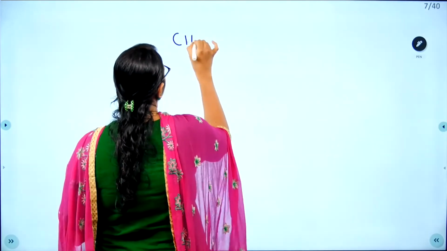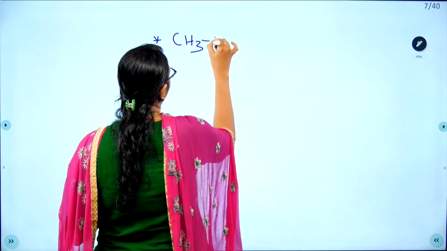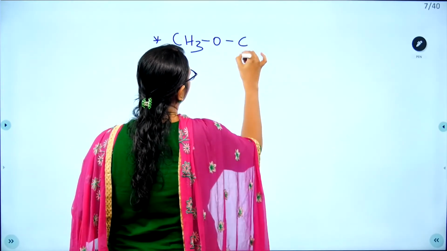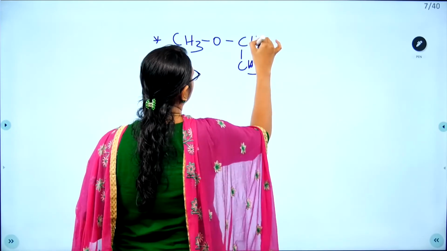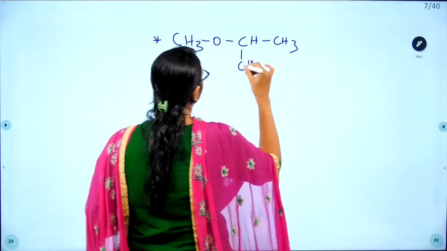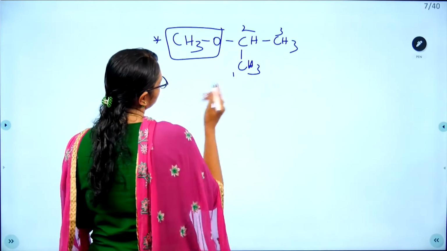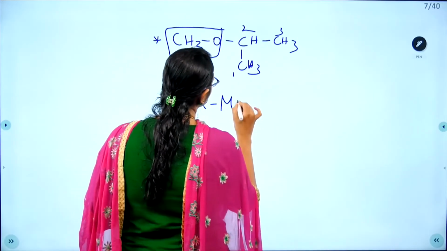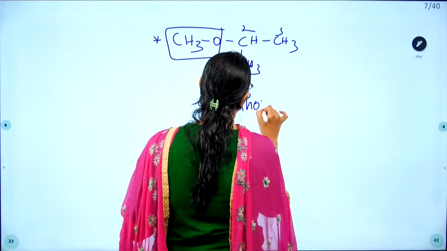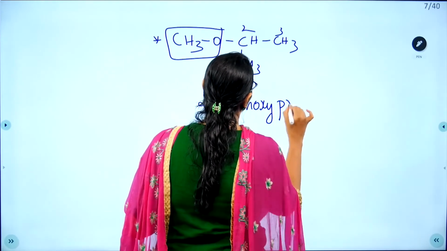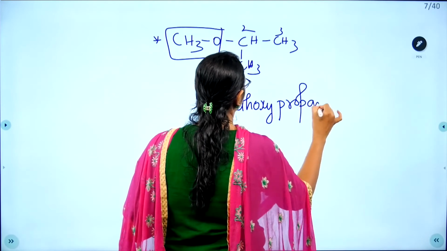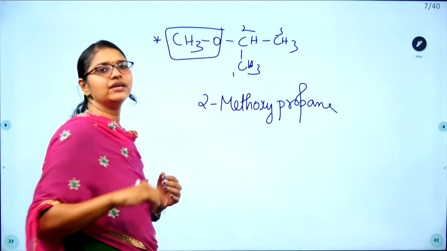How about this? The longest carbon chain is 3 and the methoxy group is attached to the second position, so it is 2-methoxypropane.